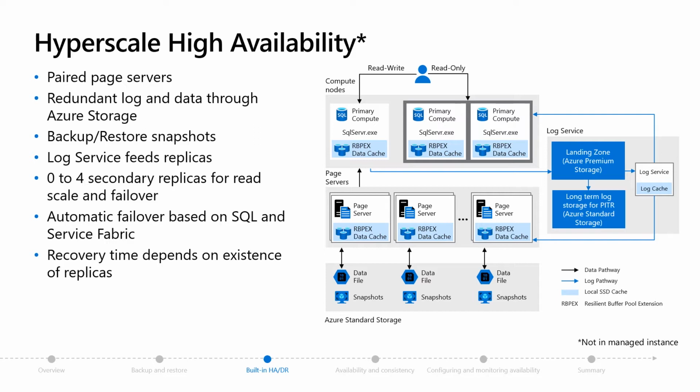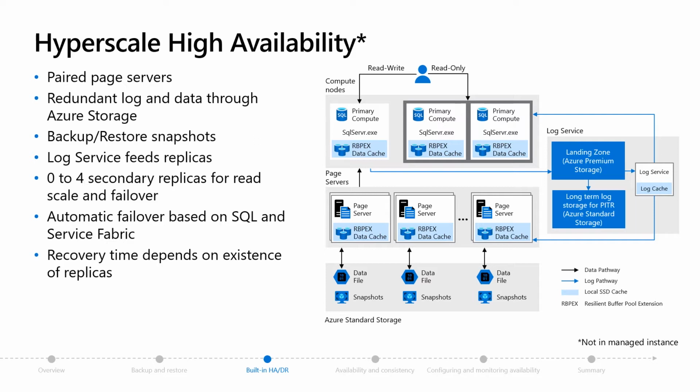Now, similar to the other service tiers, if Service Fabric decides that it needs to fail you over, the distance or time it's going to take to do that is going to depend on how many replicas that you deploy. Now, hyperscale is very interesting because you can get 0 to 4 additional secondary replicas, and all of those replicas can be used for read scale.